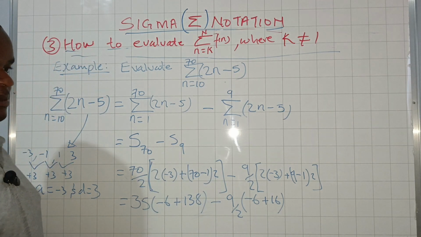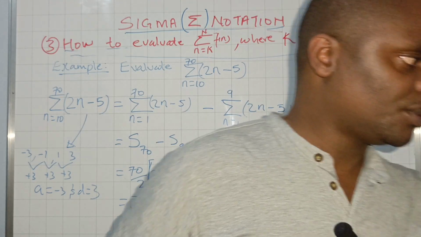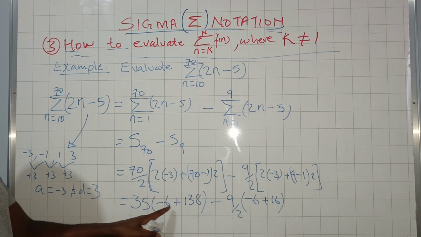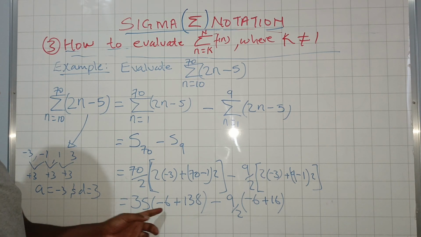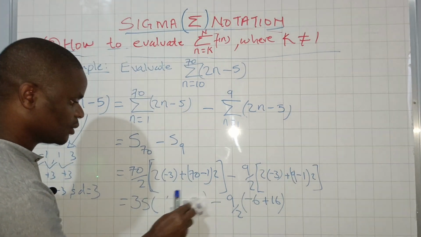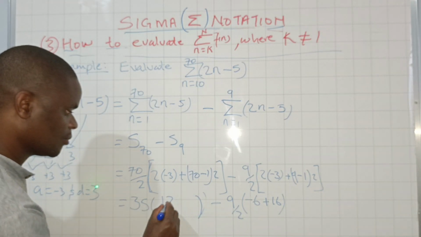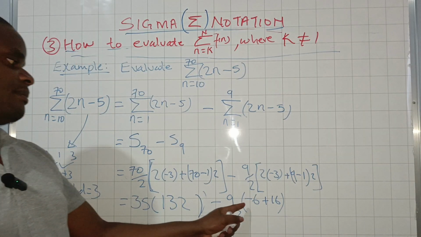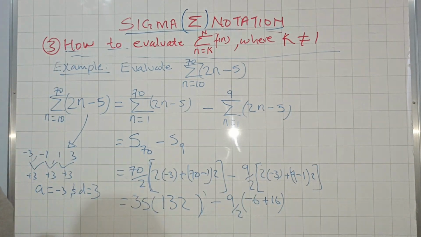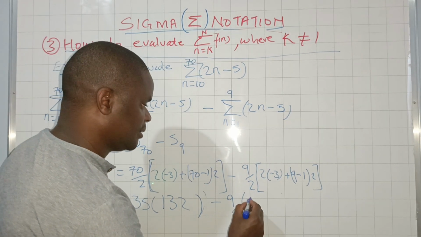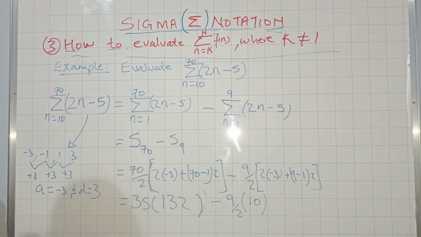Now I don't have much space here, so I'm going to do the working of this one right here. Now minus 6 plus 138 is just going to be 132, and minus 6 plus 16 is just going to be 10.